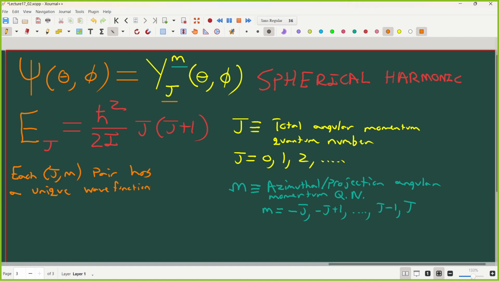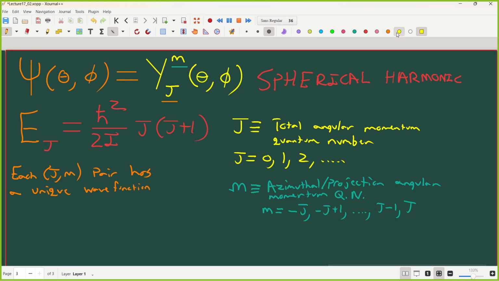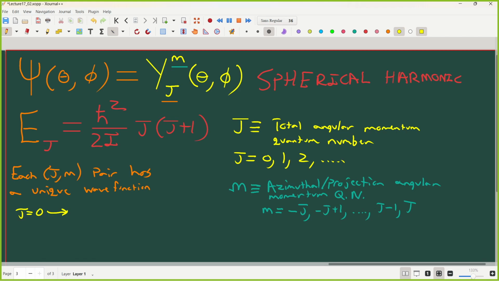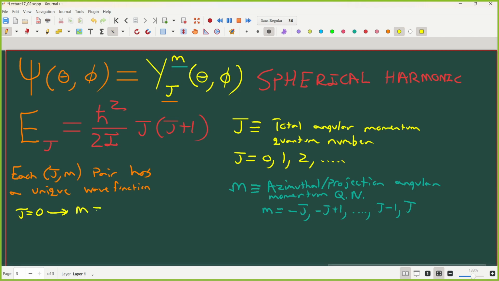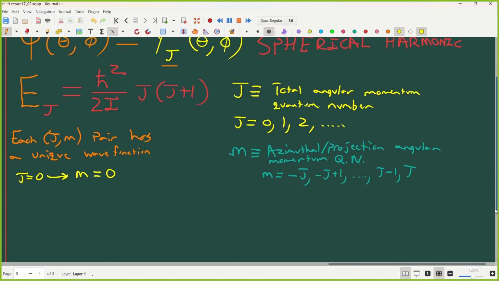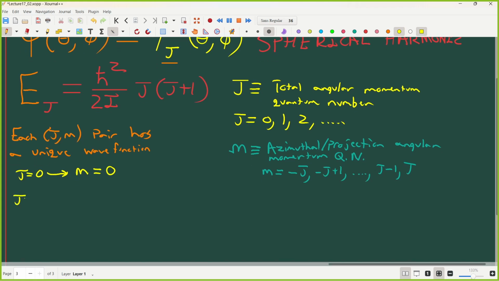Okay, and how many M's are there per J? Well, if J is equal to 0, then M can only be between minus 0 and 0, so there's only one. So only M equals 0. But if J is equal to 1, there's going to be 3 states.